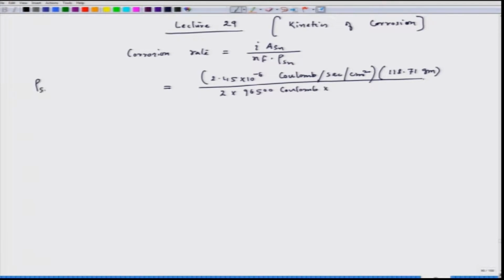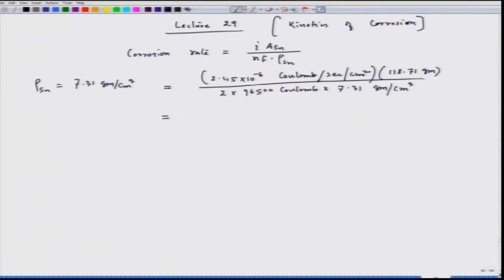The rho of Sn is equal to 7.31 gram per cc, or 7.31 gram per centimeter cube.